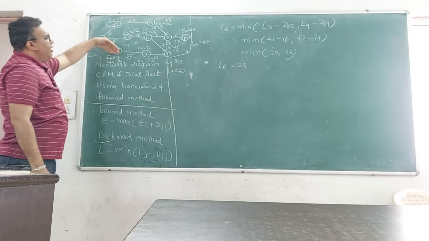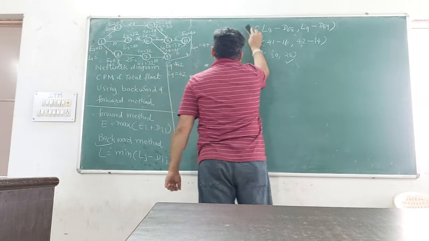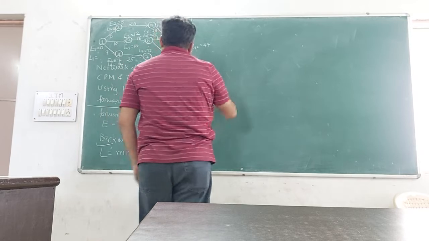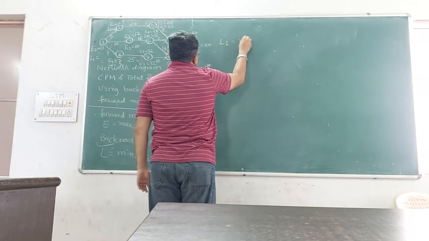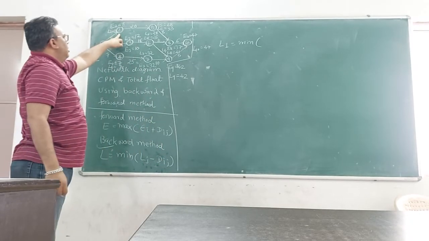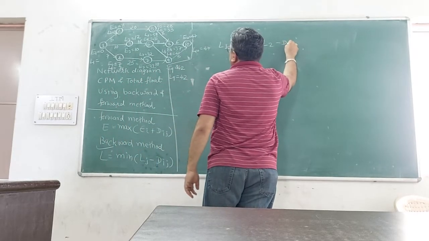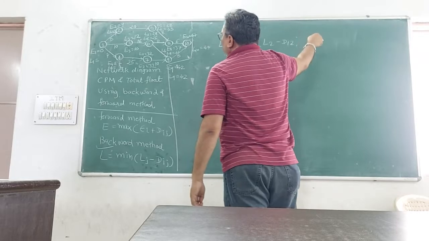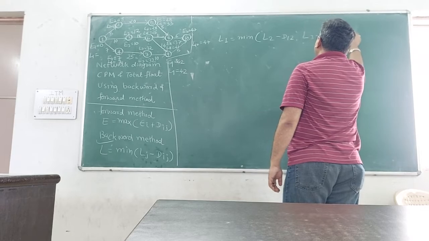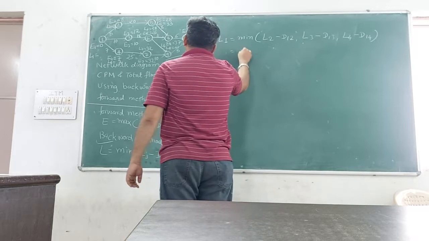We put the values of these three into the minimum formula, and from that we take the final value as the answer. Let us start the calculation. For finding out L1, minimum, let us take first L2 minus the distance between 1 and 2, then L3 minus D1,3 and L4 minus D1,4. So there are three values in this case.